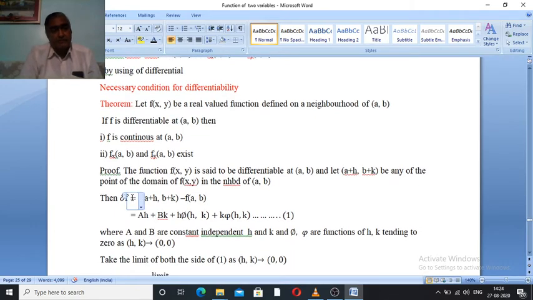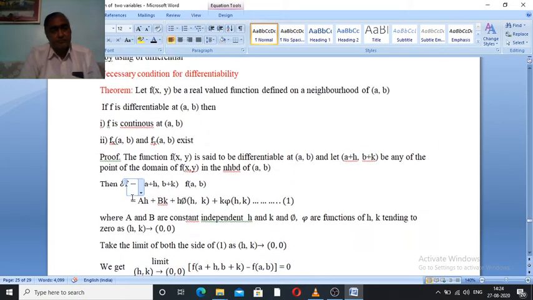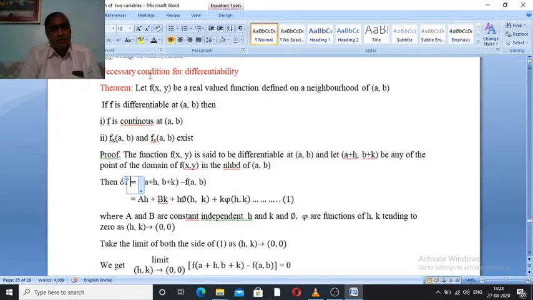Necessary condition. Let f(x,y) be a real valued function defined on a neighborhood of (a,b).